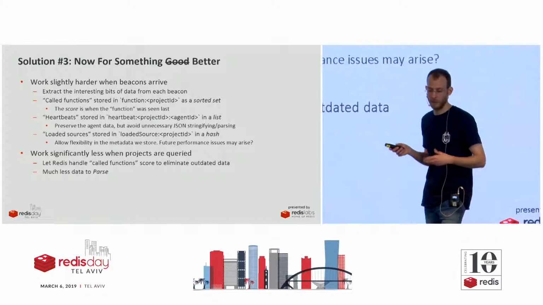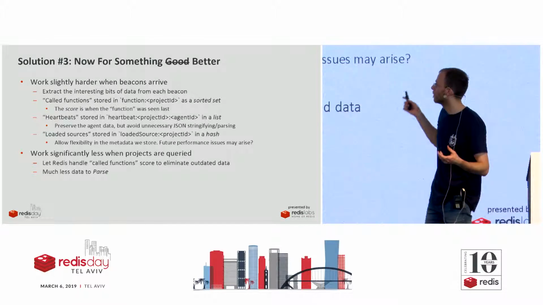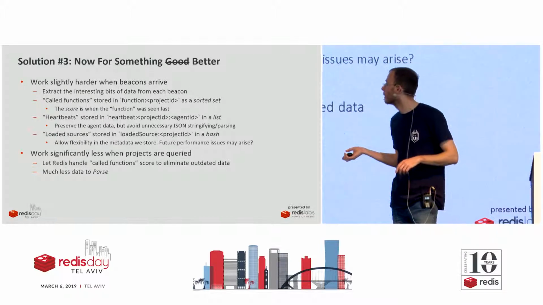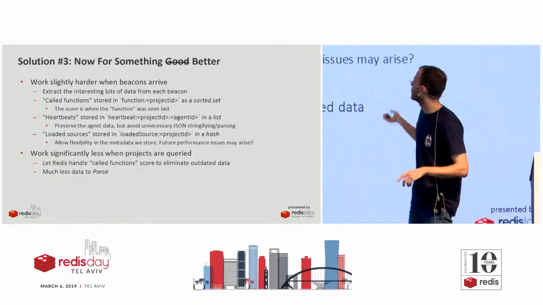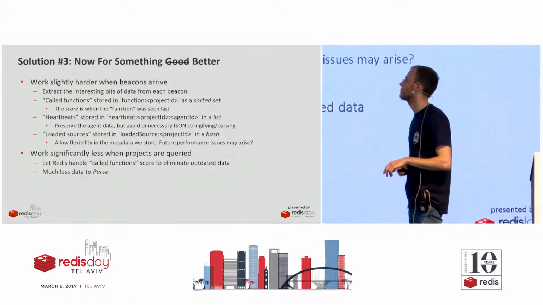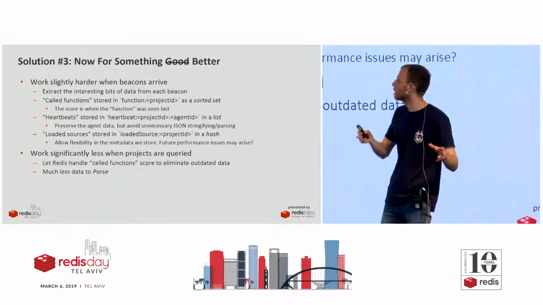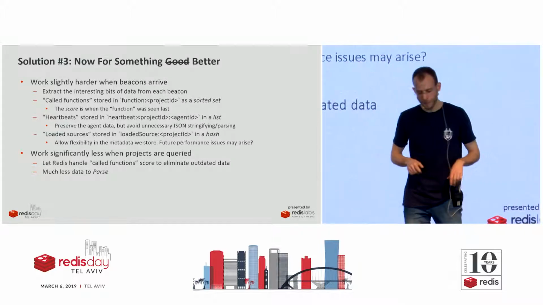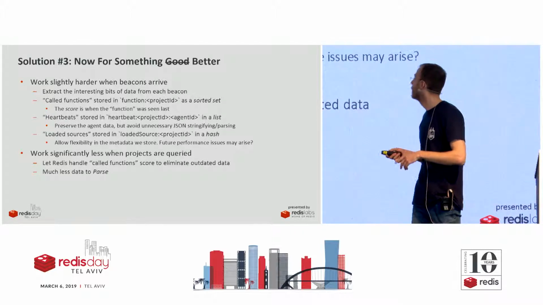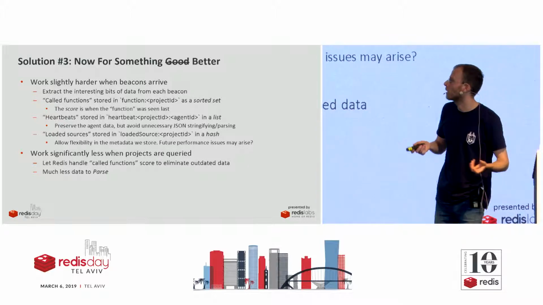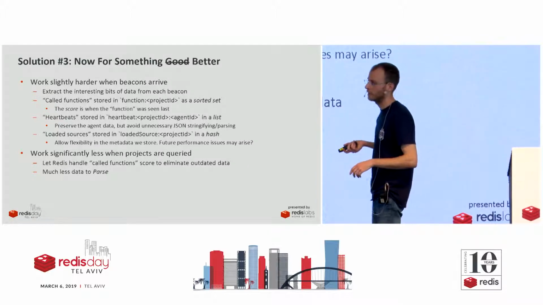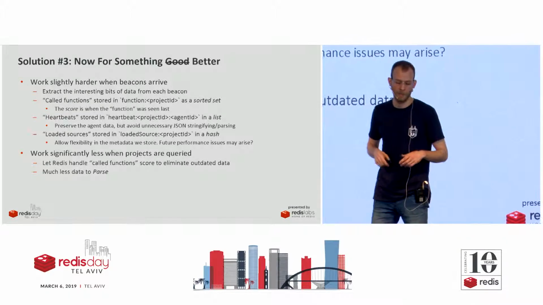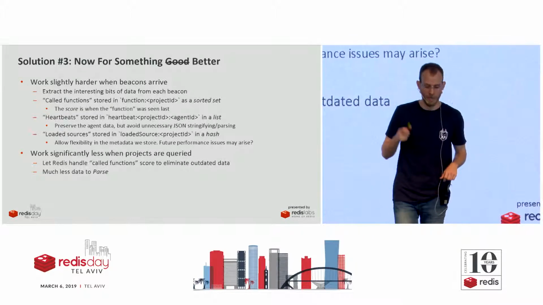So we could break down a beacon for the vulnerable functions that were being called at runtime. And we decided to store them in a sorted set, which really complemented everything because we gave them a score based on the timestamp that they were seen, and Redis's mechanisms help us retrieve just the relevant data that we need because we could select them by the score.